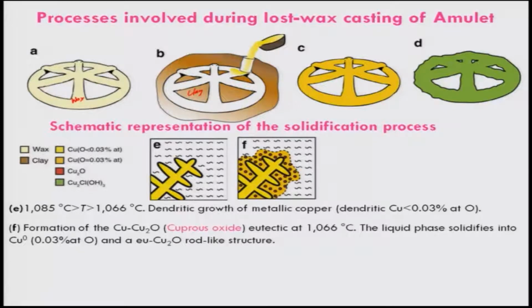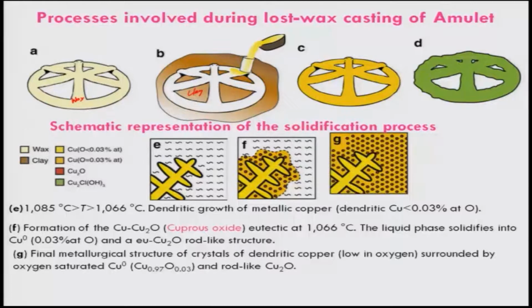As a result, the liquid phase solidified into the oxygen saturated copper, and also copper and cuprous oxide rod like structures. If you look, these are the rod like structures which I have shown here, and this phase subsequently, the final metal structure has crystals of dendrite copper made throughout this domain, and surrounded by oxygen saturated copper, right.